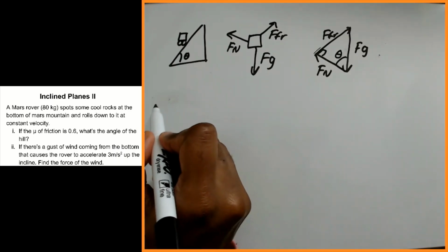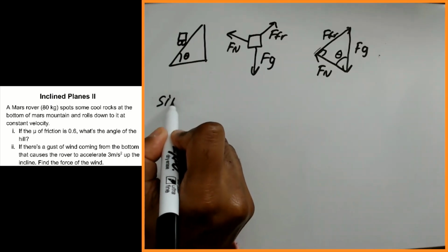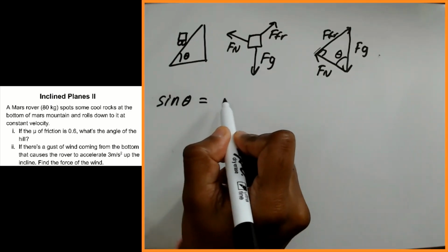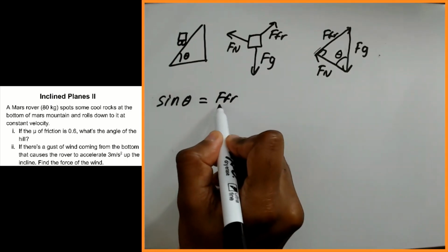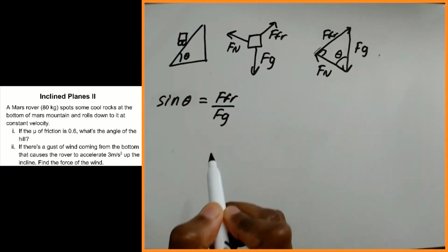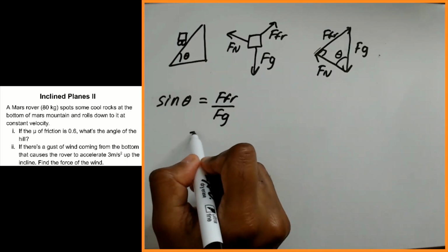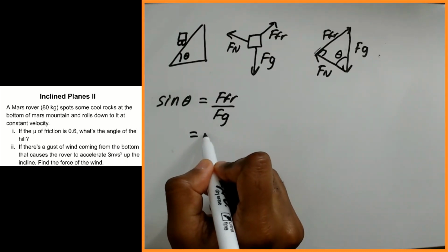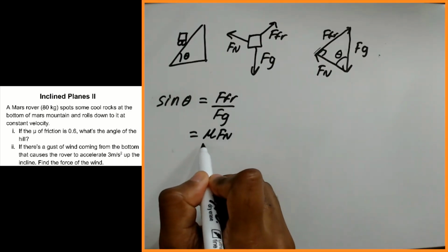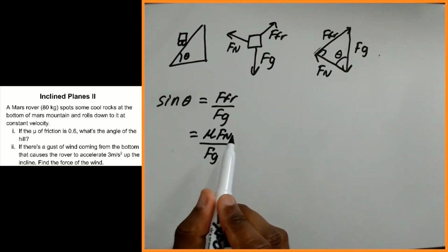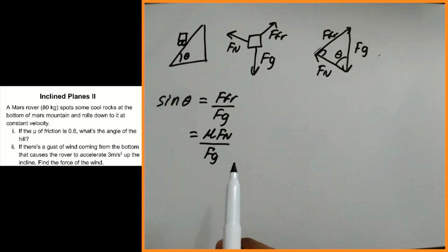So we can write the equation as sine theta is equal to the force of friction all over Fg. If we keep on resolving this, remember, friction is just mu times Fn, and that's just over Fg. We don't know what Fn is, but we can once again use one of these trig properties.